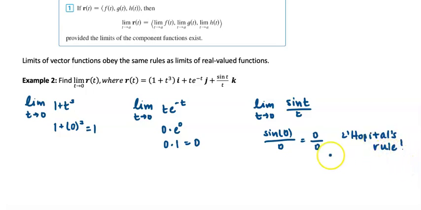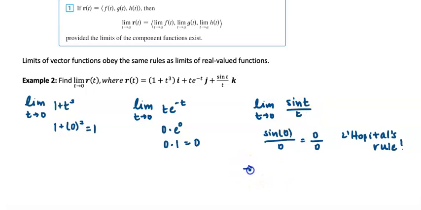And L'Hopital's rule states that if I have one of our indeterminate forms, in this case 0 over 0, when I evaluate a limit, then that limit is the same as if I take the derivative of the numerator and the derivative of the denominator.